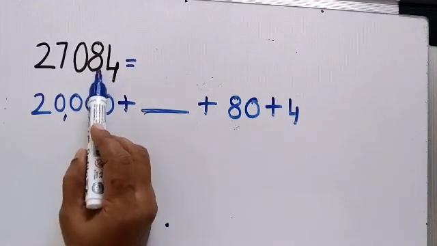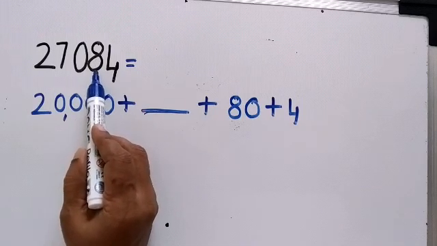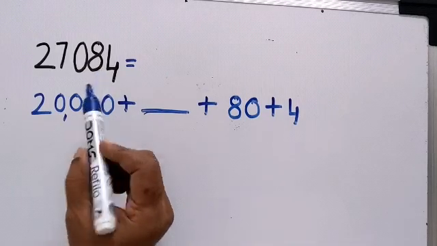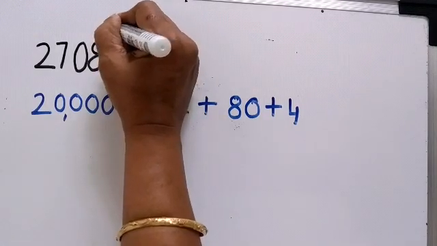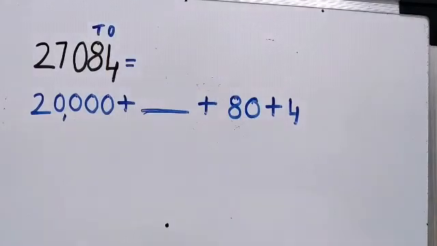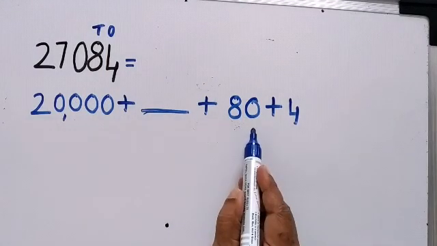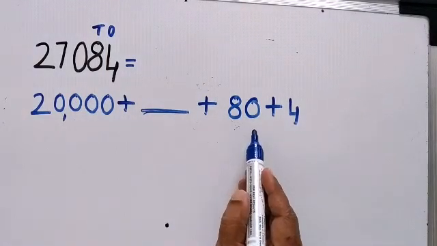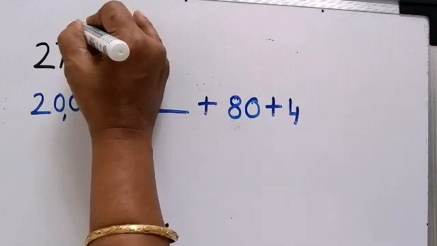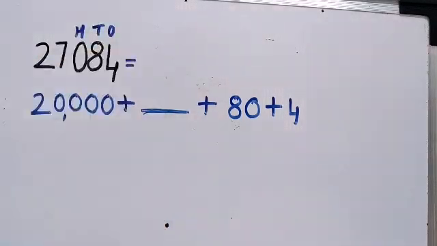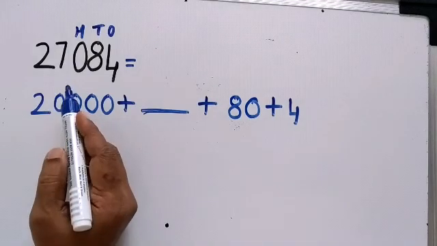Now this 8 over here, it represents 8 into 10 because it is in the tens place. So 8 into 10 is 80. Then in the hundreds place children, we have none, nothing. Now 7 is in which place?